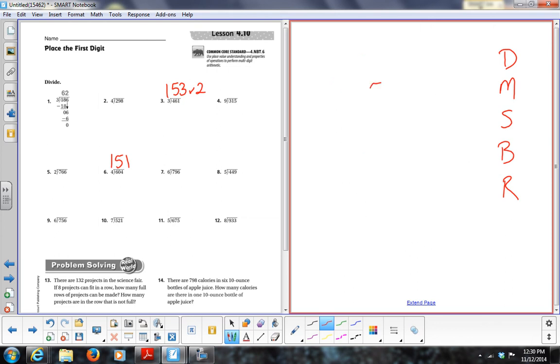Number 10. 521 divided by 7. Brantley, where do I place the first digit? On the 10s. On the 10s place. Good. 7 can go into 52 almost how many times? 7 times. 7 times 7 is 49. Good, because 7 times 8 is 56, and that's too high. Then I'm going to subtract. 12 minus 9 is? 3.